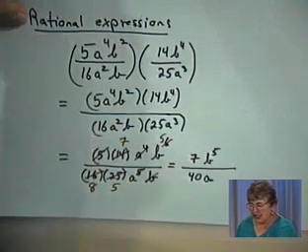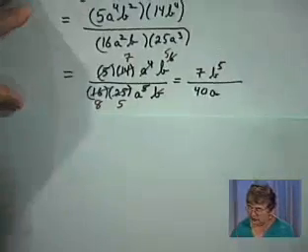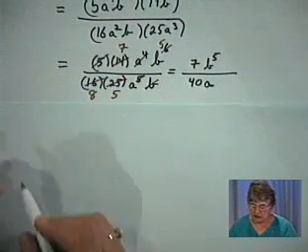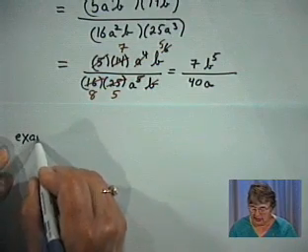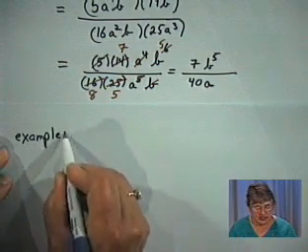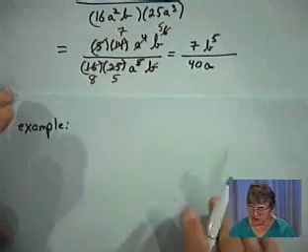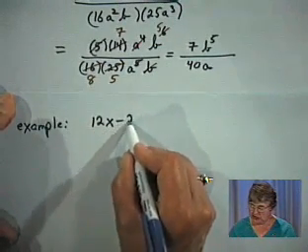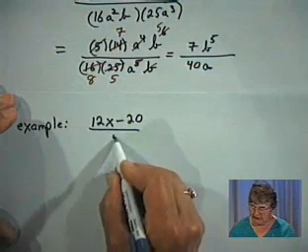Now, let's consider another product. Remember that product is a word that's used for multiplication. So let's consider another example. And in this case, we're going to consider rational expressions with the variable x. So let's consider 12x minus 20 divided by 5x.